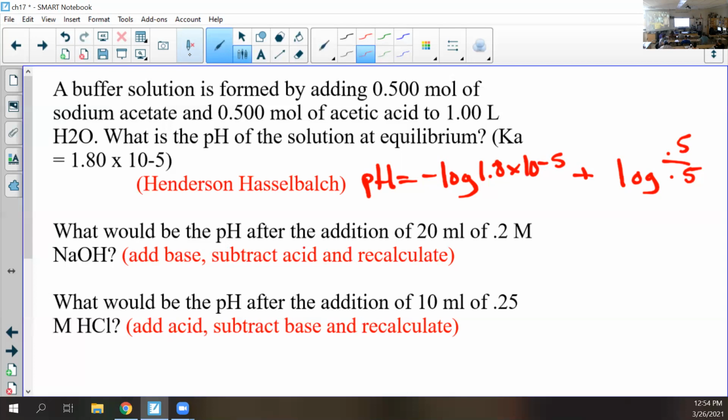Right. This is just the negative log of the Ka, which is what answer? All right. Fair enough. Okay. What would be the pH after the addition of 20 milliliters of 0.2 molar NaOH? Okay, so now we do have to convert these to moles.